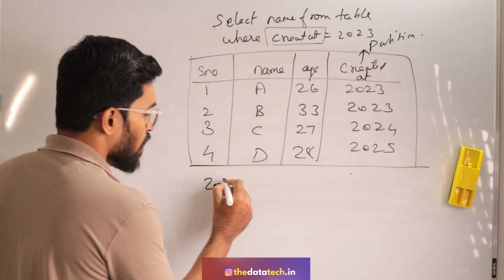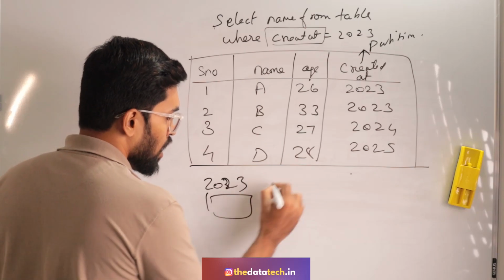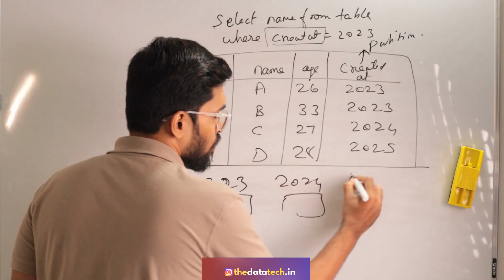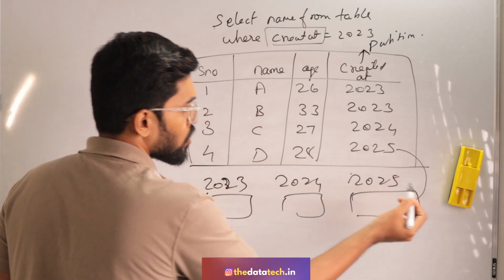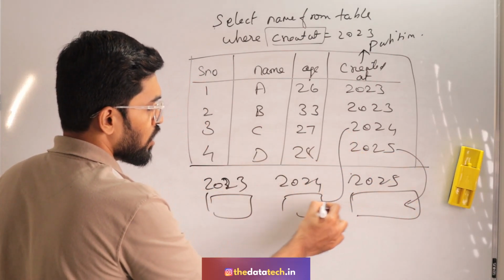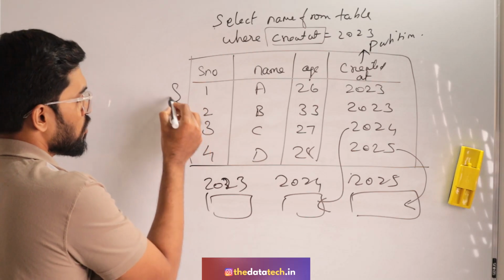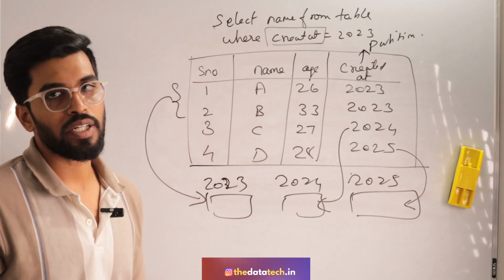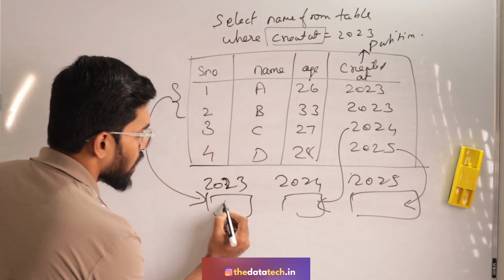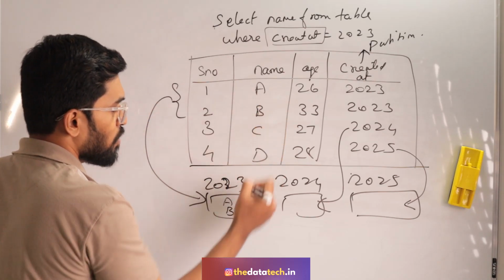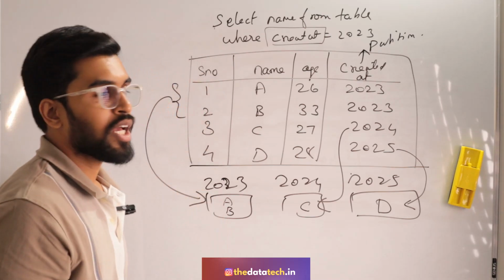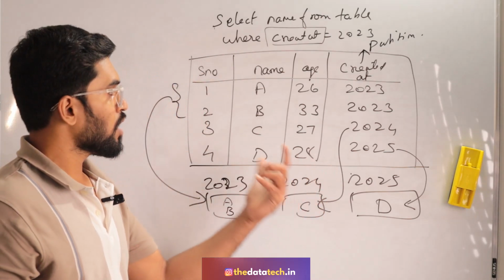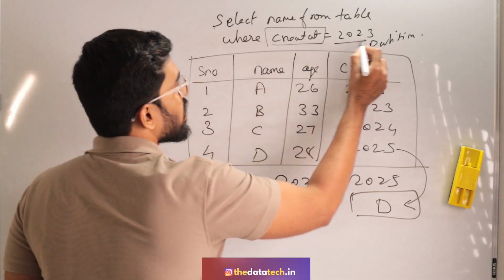So it will create partitions as 2023, 2024, 2025. The 2025 record goes to this partition, 2024 comes to this partition, and the first two records go to 2023. The first two records, A and B, get stored there, 24 is C and 25 is D. Now imagine I write a query and I say 2023.